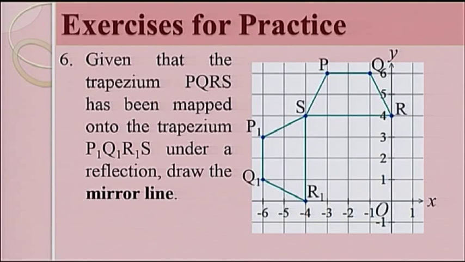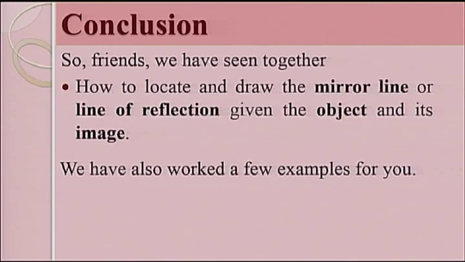Right, so what have we seen today? We have seen how to locate and to draw the mirror line or the axis of reflection. Okay? In the previous program, you have been taught how to reflect point, line segment, and plane figures.